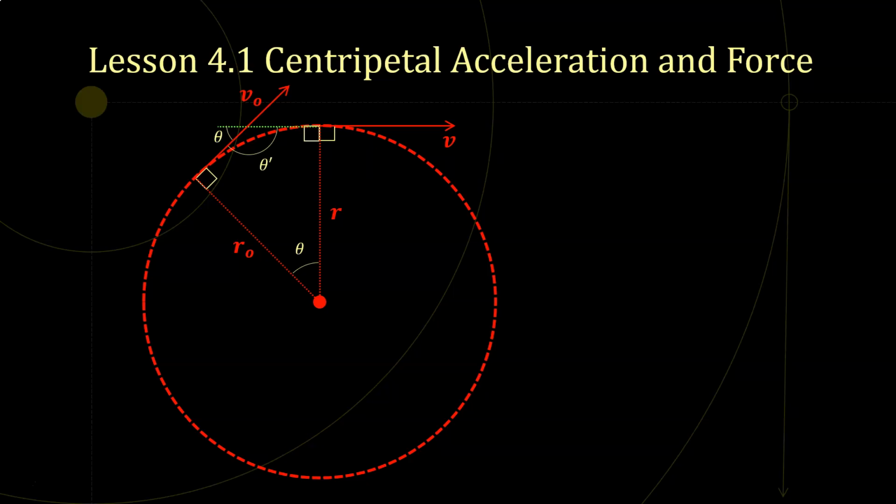The other line is the red line of my original velocity vector, and I could put another theta up here. I can also notice that these are on opposite sides of intersecting lines, and that also makes them equal to each other as well. But you should be able to recognize that these angles are where they should be.